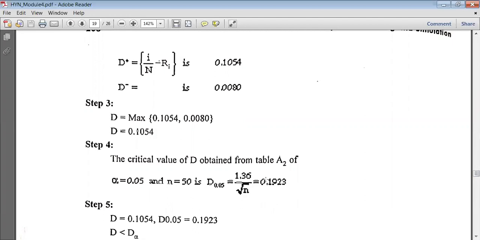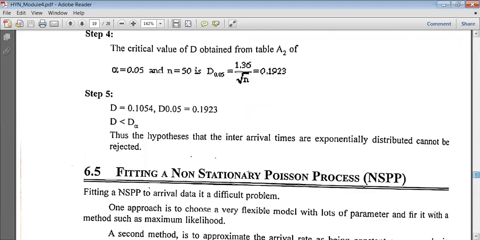Now you have to compare D with D alpha. If D is less than D alpha, then the sample will be accepted, otherwise it will be rejected. When I compare 0.1054 with 0.1923, I get that D is less than D alpha. Since D is less than D alpha, the hypothesis that the interarrival times are exponentially distributed cannot be rejected.